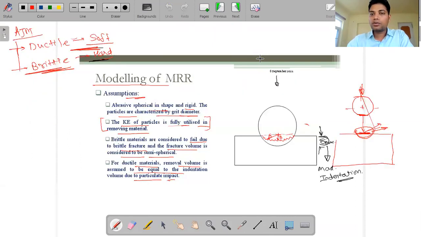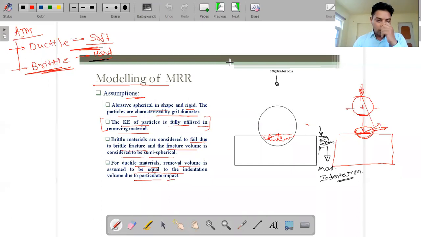We also discussed that this process is generally applicable for all kinds of materials, but if we categorize them, there are two categories, ductile and brittle. This process, abrasive jet machining, is applicable for both, and we went through the mechanism of material removal for these two kinds of materials yesterday.